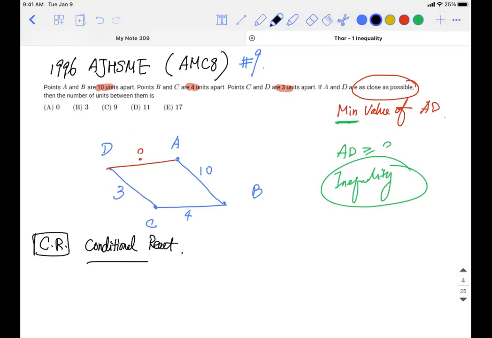What kind of theorems, strategies, formulas, whatever, can help you to generate an inequality? Who can tell me?